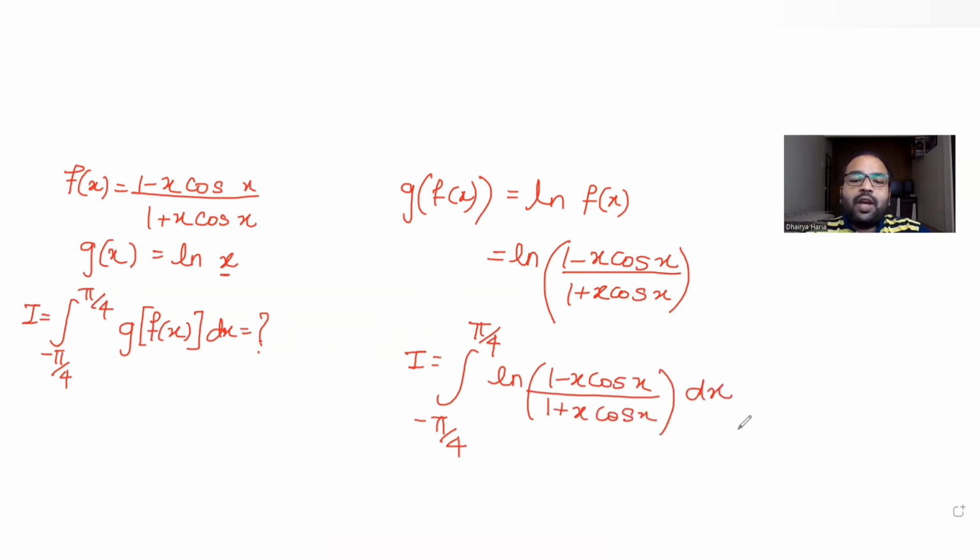Now we can solve this and find the value of I. So I is equal to the integral from minus pi by 4 to pi by 4 of log of (1 minus x cos x) upon (1 plus x cos x) dx.